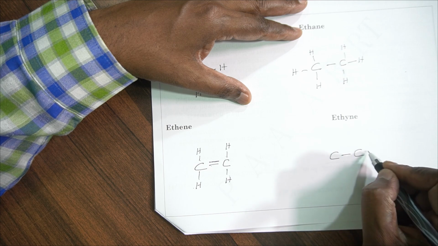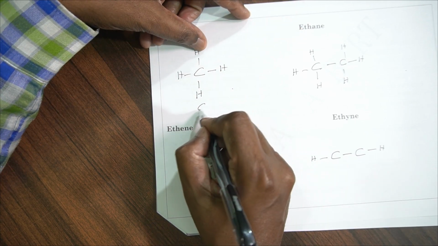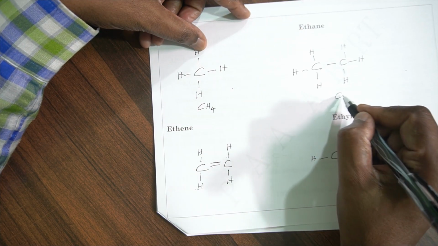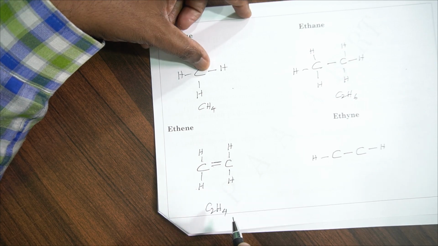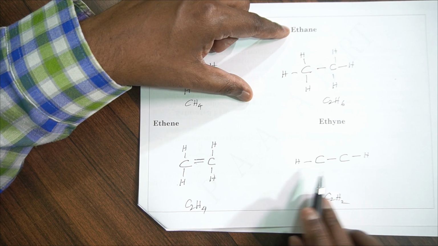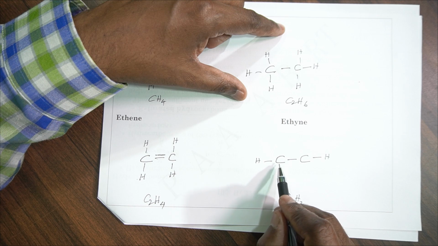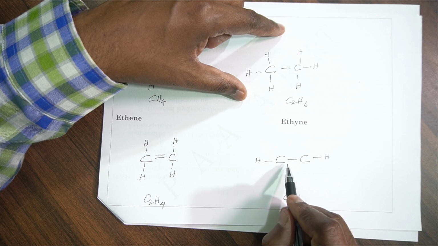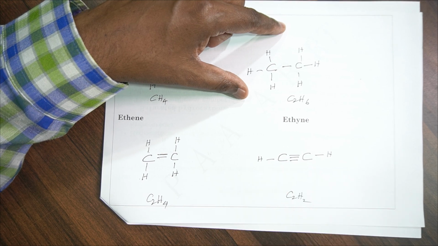Now here we have ethyne. Ethyne has 2 carbon atoms and 2 hydrogen atoms. So the formula of methane is CH4. This one is C2H6, ethane. This one is C2H4, that is ethene, and this one is C2H2. So there are 2 hydrogen atoms and 2 carbon atoms. How do they satisfy? Carbon can have 4 bonds, but only 1 is there with hydrogen. So 2 more bonds are formed between the 2 carbon atoms.